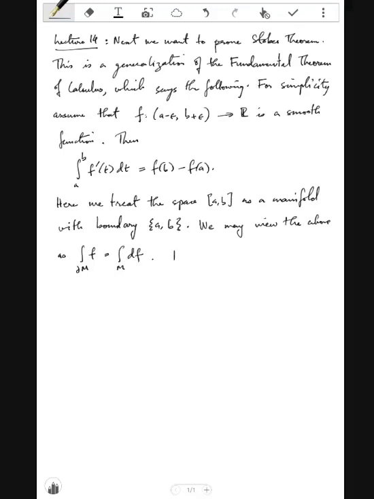So to make sense of the integral over the boundary of M of f, we have to give an appropriate orientation to the boundary.